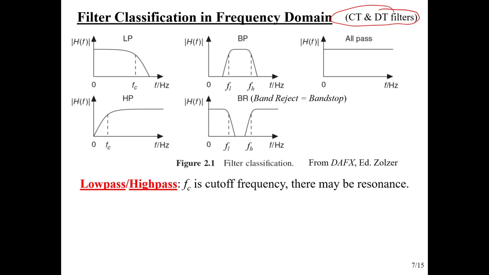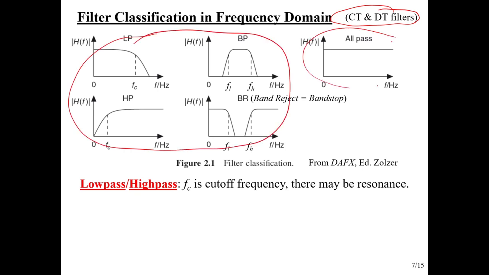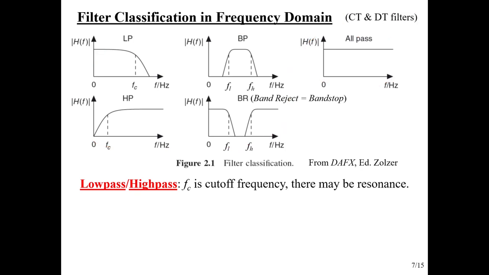So here's 5 of the classic types of filters. There are some other ones, but these are the main ones that show up. And you've probably seen these 4 before, and you might not have seen an all-pass filter before. So that all-pass filter is a bit odd, but it will be important to us in a lot of applications for audio, and we'll talk about that.